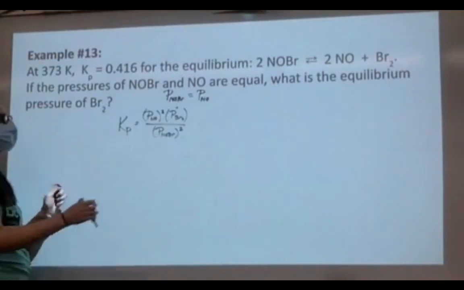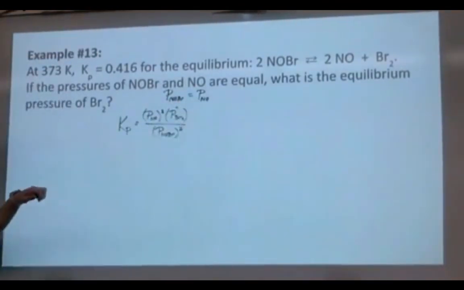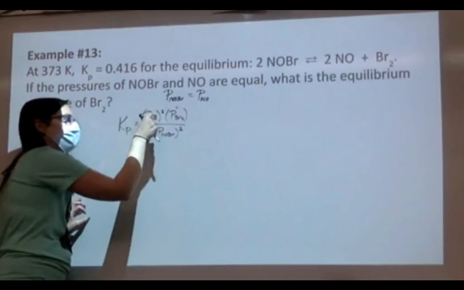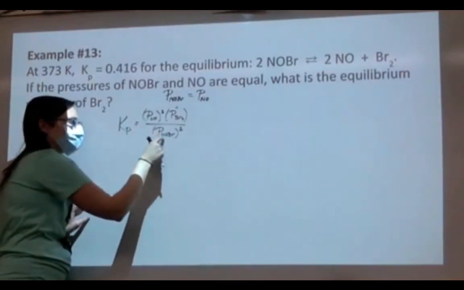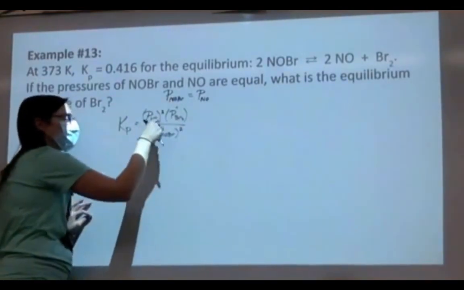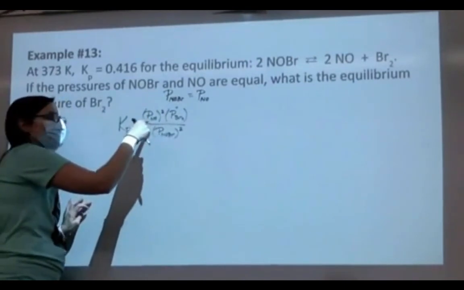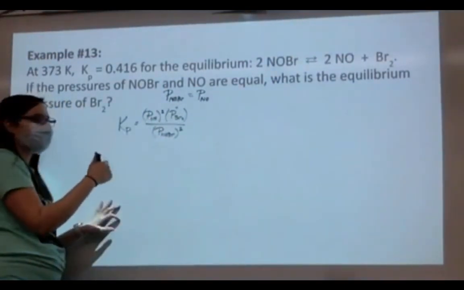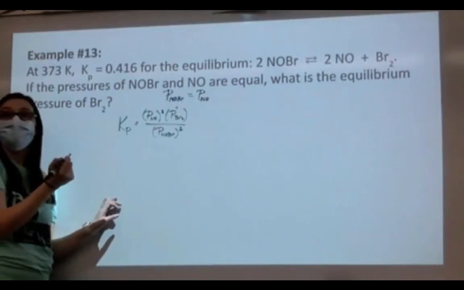But then they tell us the pressure of NOBr and NO are equal. It doesn't matter what number they are. If pressure of NO squared and pressure of NOBr squared are equal, what are these two variables going to do in this fraction? They're going to cancel.